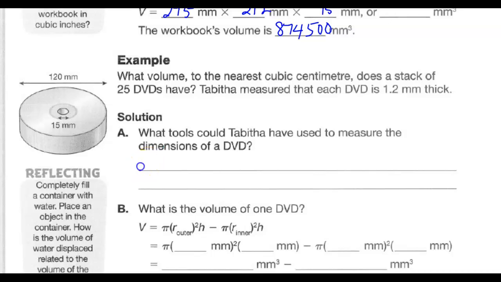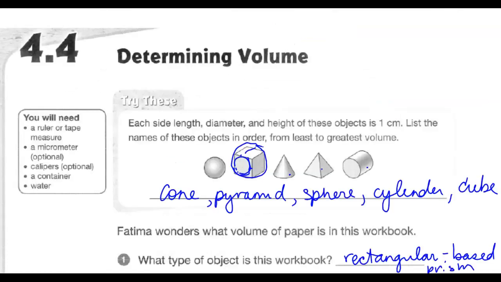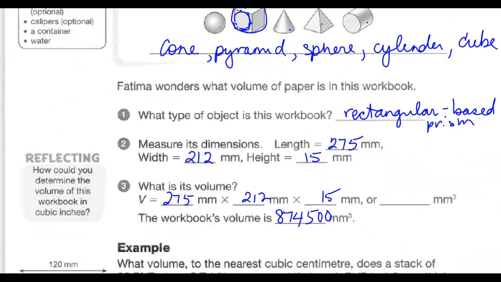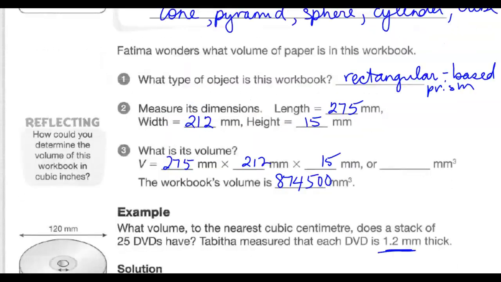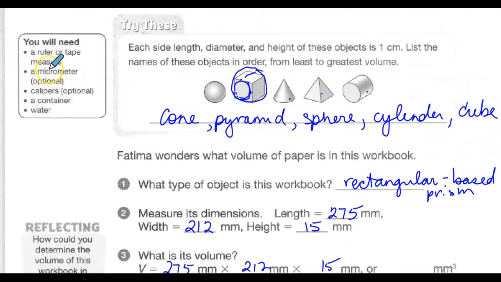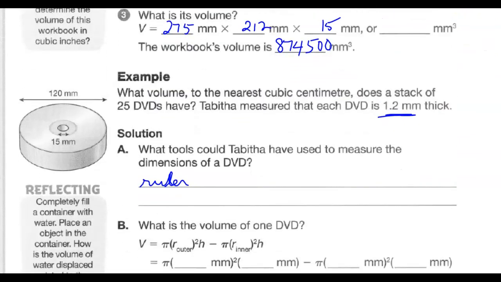Well, obviously a ruler. Now, for small measurements like that, there are measuring devices. They're actually pictured on the next page. I didn't copy it out, but they're calipers or micrometers, I guess is the right way to say it. So those are other options if you really needed to.